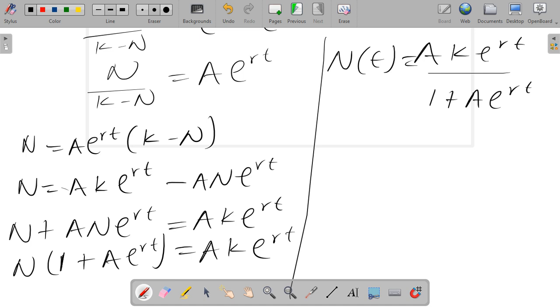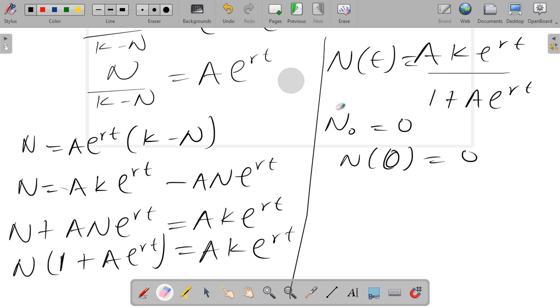If we apply the initial population, what do we have? Initially I thought n naught is equal to 0, that there was nobody there in the initial population. But what did they give for the initial population?